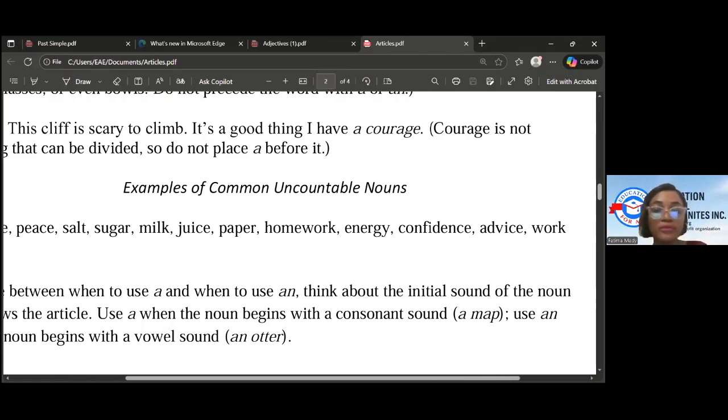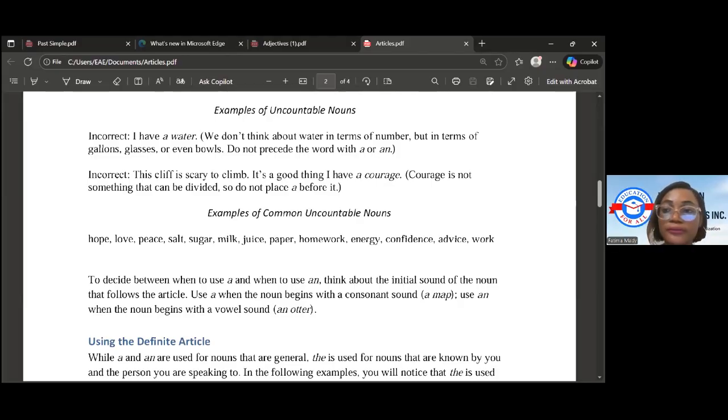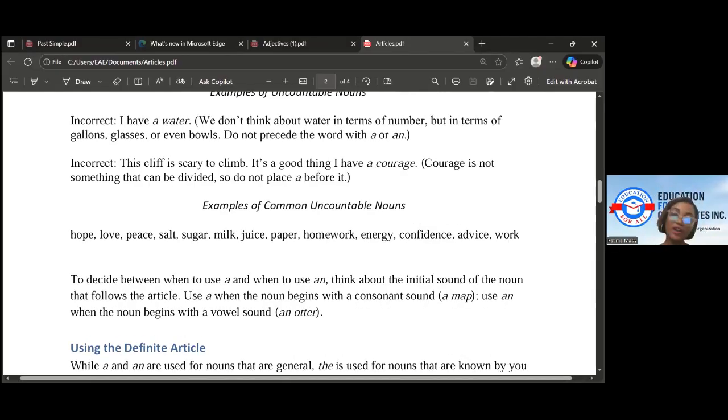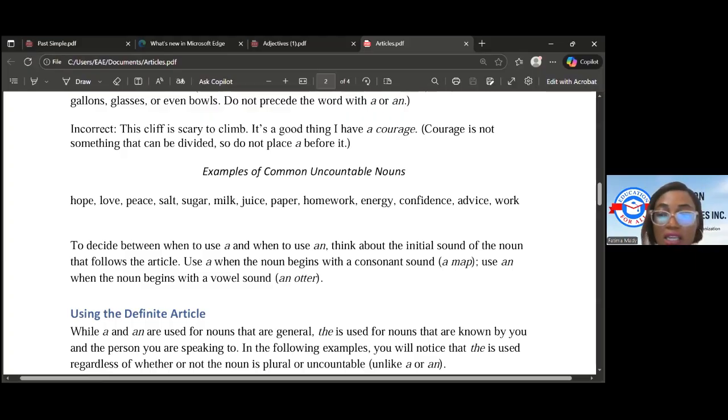These are common uncountable nouns. Generally we cannot use articles for these nouns, but we can use articles for these nouns in technical contexts, which I don't want us to get into right now, because it's not really gonna be useful for now, but maybe in the advanced class we're gonna see how these nouns can use articles.